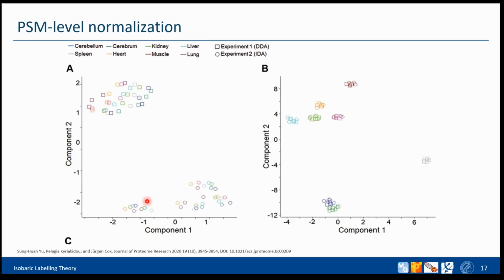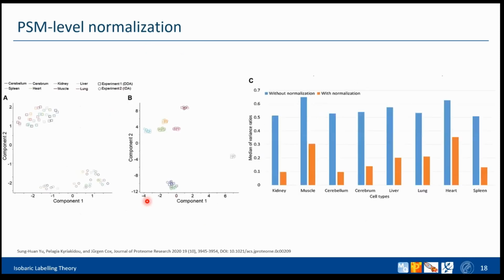And then after normalization, we can see that these cell types now cluster together. The colors cluster together, and the batch effects are very well removed. In this case, it's the same data, just a different representation showing the median of the variance.